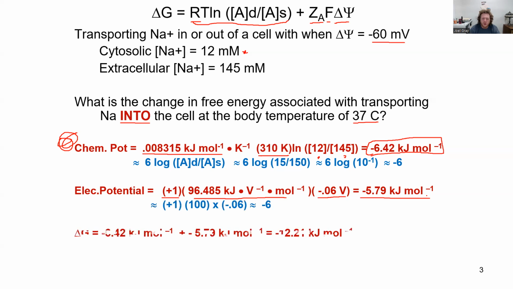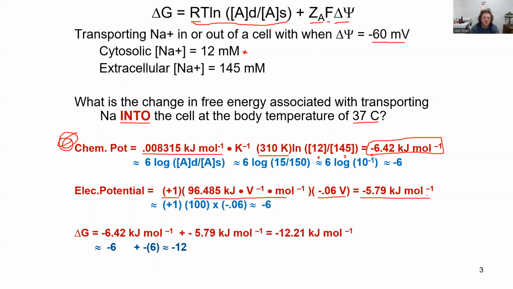All told, we end up with a delta G value that is negative 6.42 plus negative 5.79, or negative 12.21. I apologize, so negative 12, this is a favorable movement. These sodium ions going from a high concentration to a low concentration, favorable.